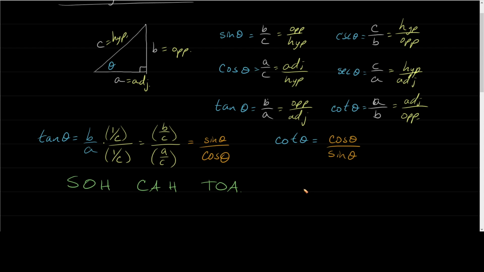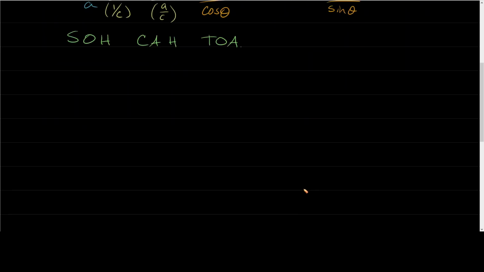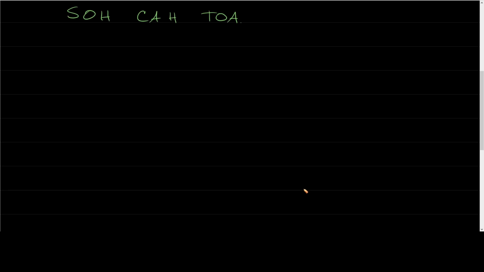All right, so now let's recall something else. Let's talk about the Pythagorean theorem for a second. The Pythagorean theorem also is always brought up when we talk about right triangles. So let's think about the Pythagorean theorem.